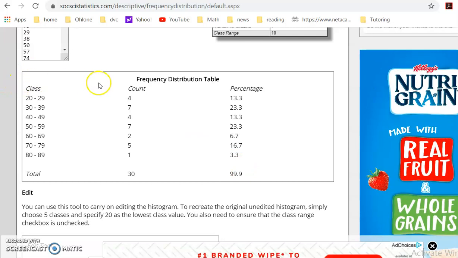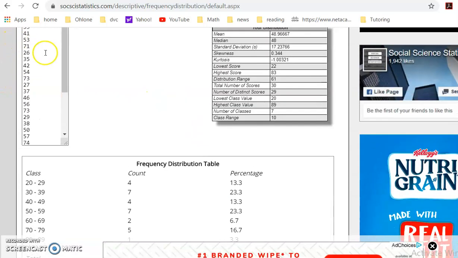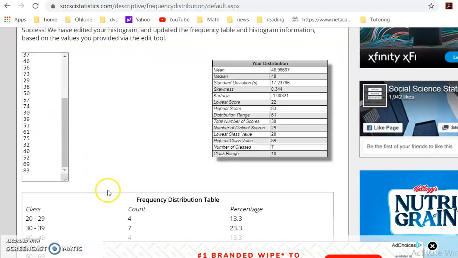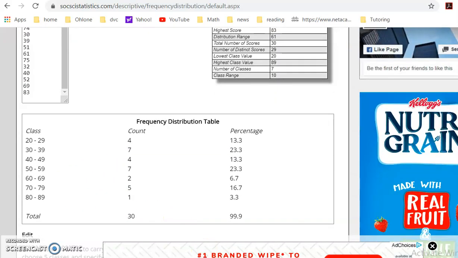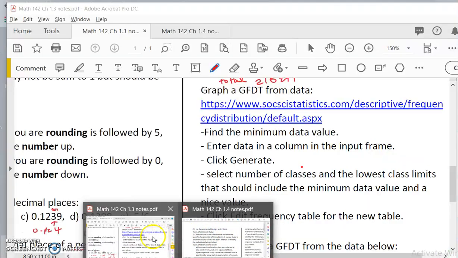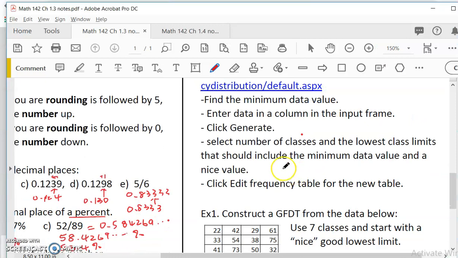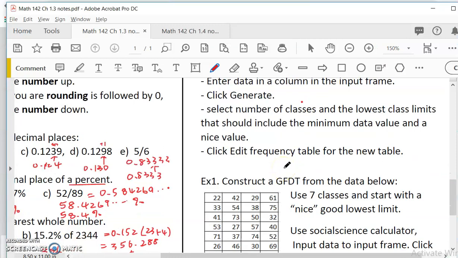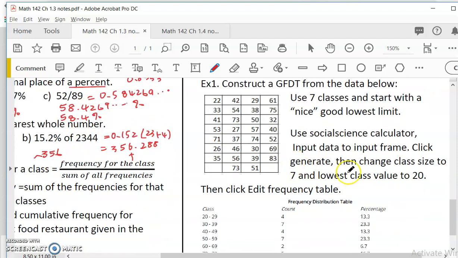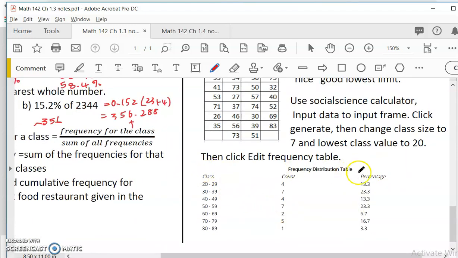So this would be your answer if you want a frequency distribution calculator to count the data in different classes for you. But again, I'm not going to test it, because later on we will learn how to do it with a histogram. You can use statistics software to do the same thing. Here I cut and pasted the frequency distribution table.